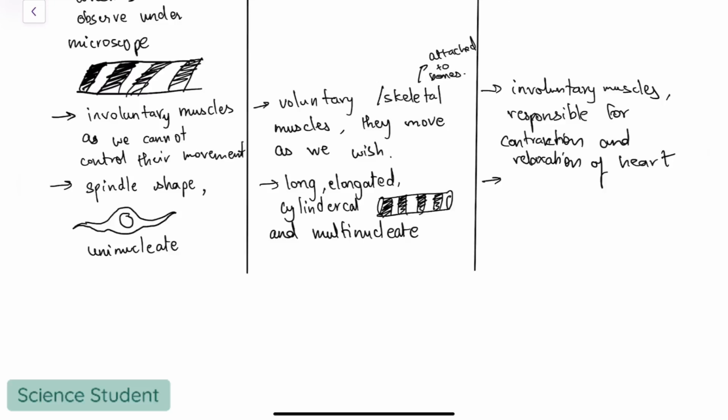The beats are made by these muscles. The cells of these muscles are cylindrical, branched, and uninucleate.